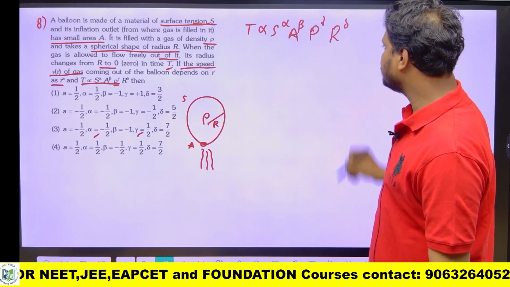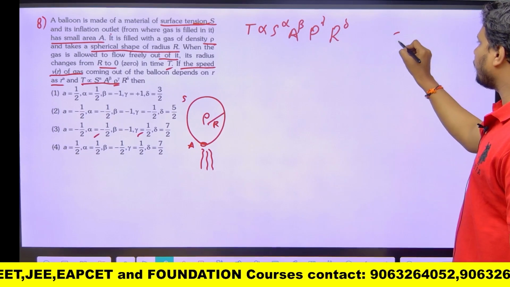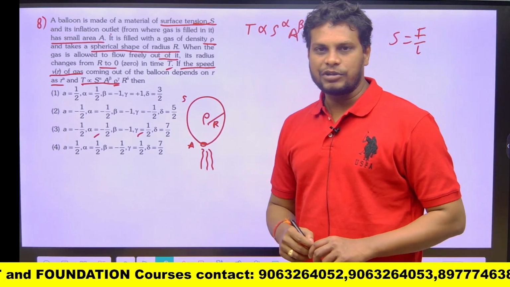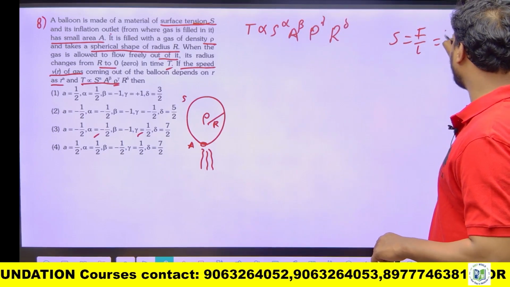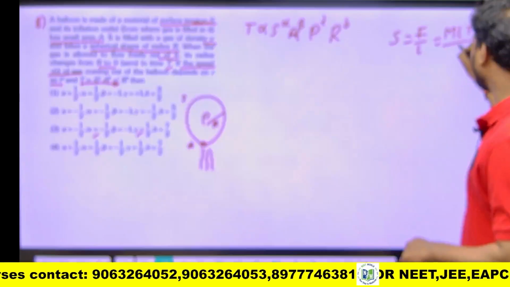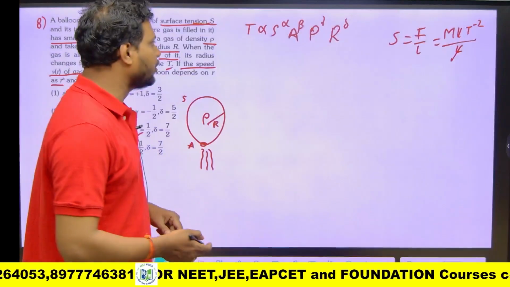Now we have the formula for surface tension, which can be taken as force per unit length, and the dimensional formula for force is M L T power minus 2, divided by length, whose dimensional formula is L. Cancel L and L. The dimensional formula for surface tension is M T power minus 2. If you remember that directly, you can substitute it.